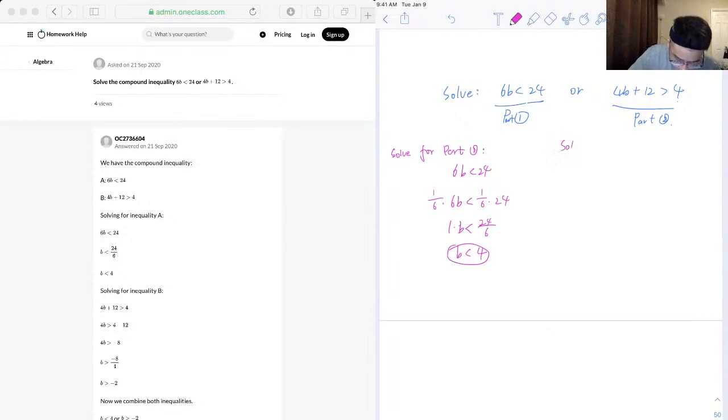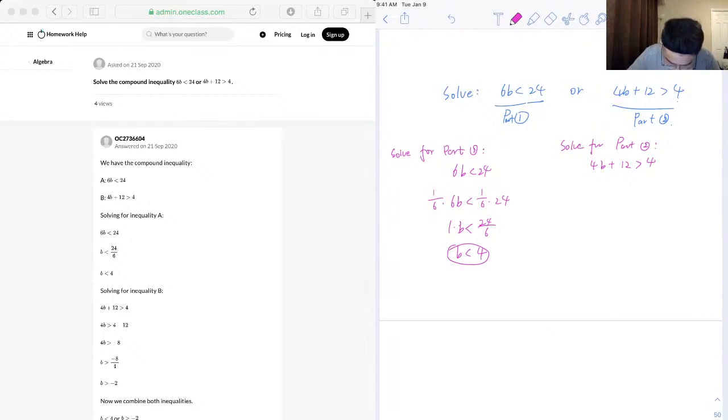And for our second part, for part 2, we got 4b plus 12 is greater than 4. All right. So since we want to have b only be on one side, we move the 12 to the other side.